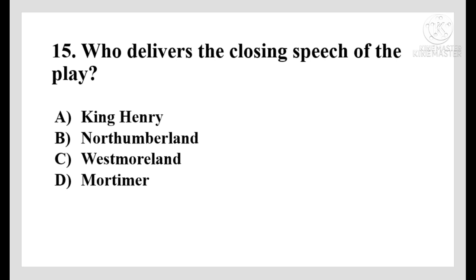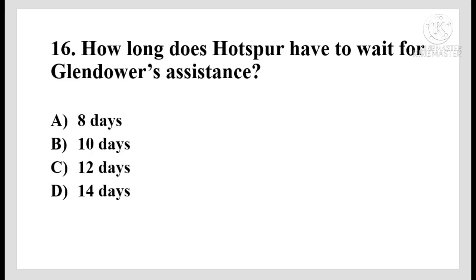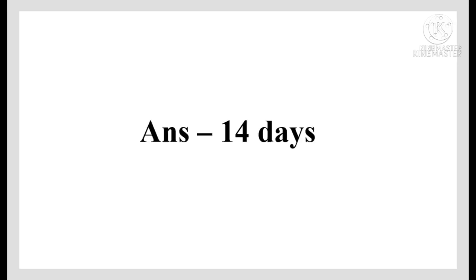Who delivers the closing speech of the play? King Henry, Northumberland, Westmoreland, Mortimer. Answer: King Henry. How long does Hotspur have to wait for Glendower's assistance? 8 days, 10 days, 12 days, 14 days. Answer: 14 days.